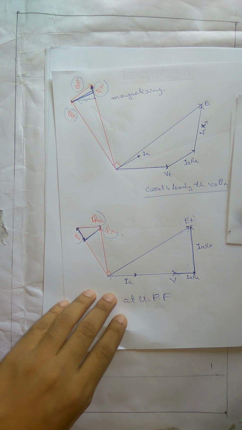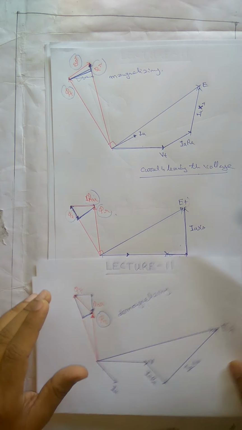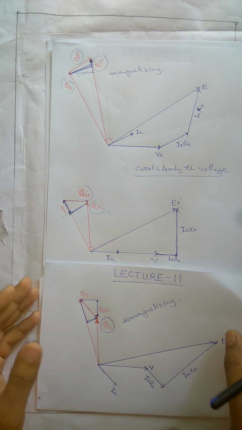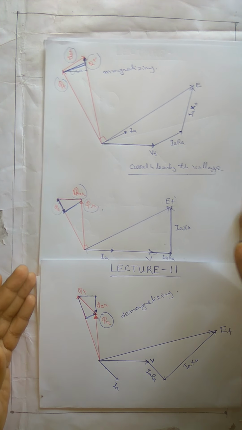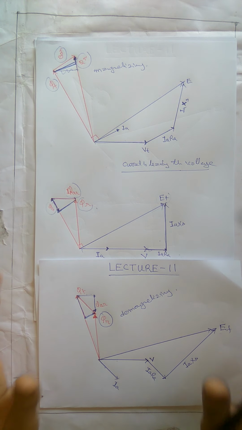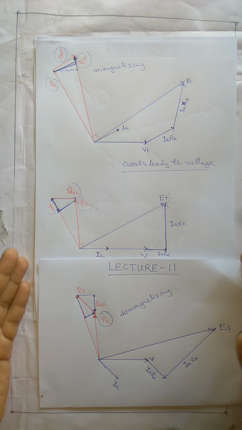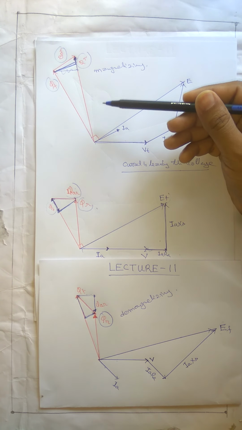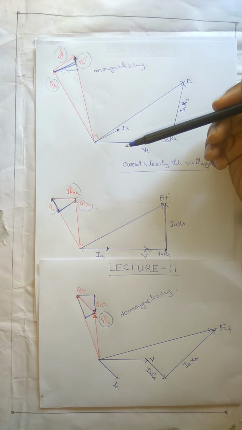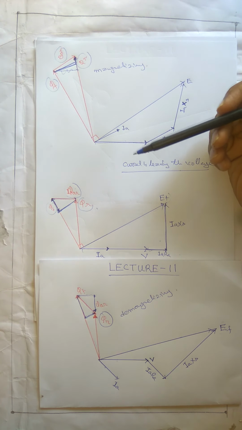So depending on the power factor of the current, the armature reaction can be cross magnetizing, can be demagnetizing, or magnetizing, or any combination of these. The phasor diagrams that we have drawn today all have both a cross magnetizing and a magnetizing or demagnetizing component.